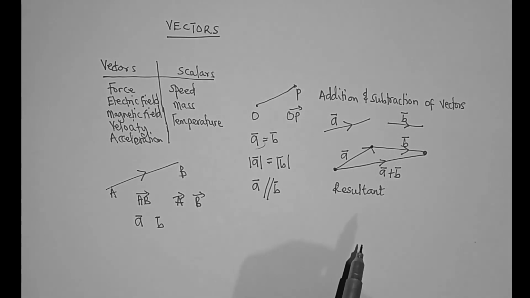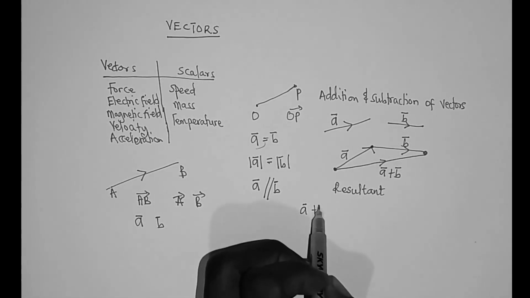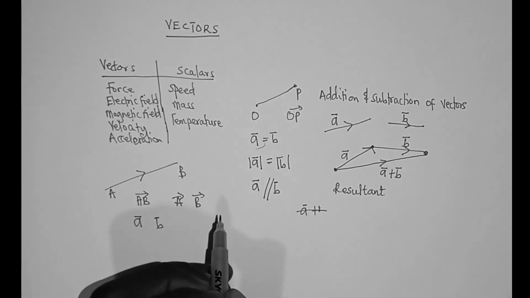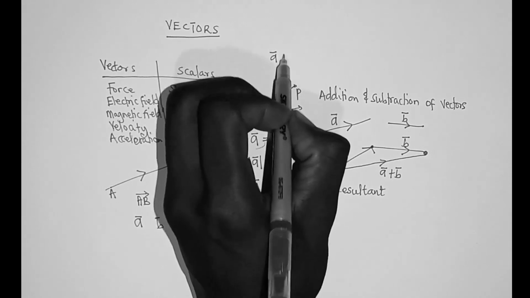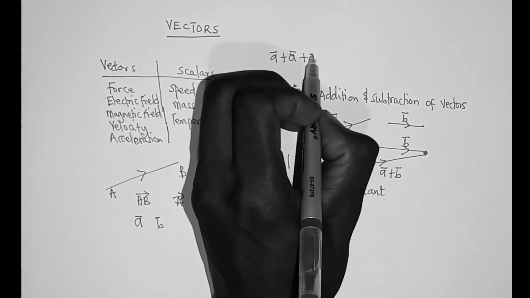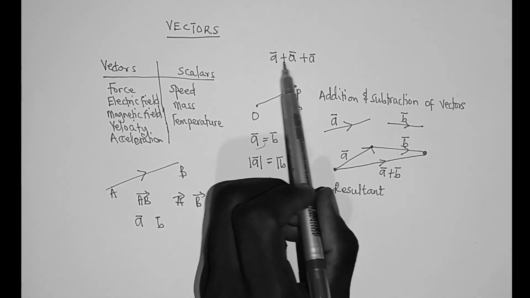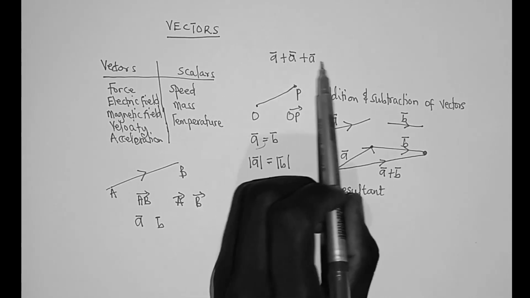Now, it is also possible to multiply a vector by a scalar. So for example, if you have vector A plus vector A plus vector A, instead of adding vector A plus vector A and then adding another vector A, you see that there are three vector A's.